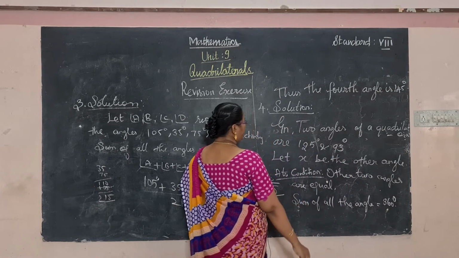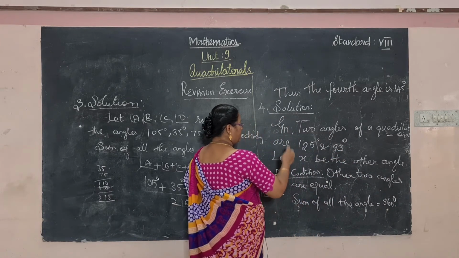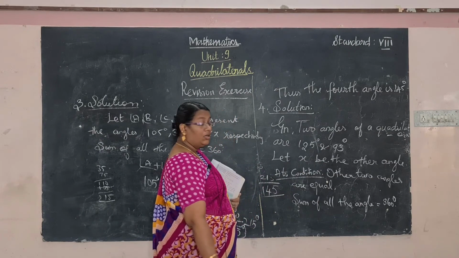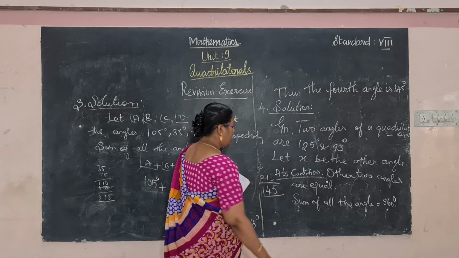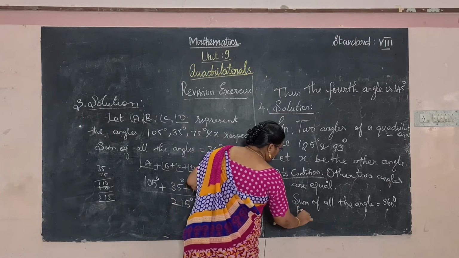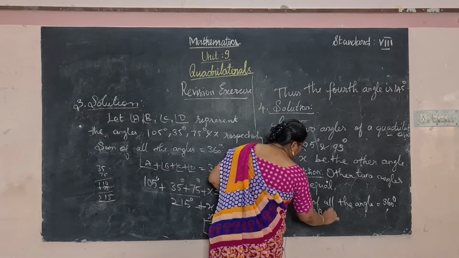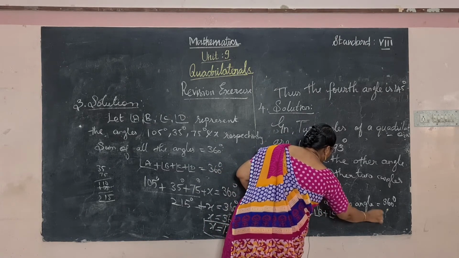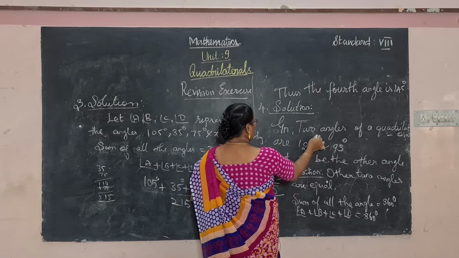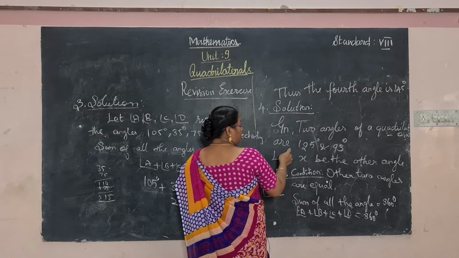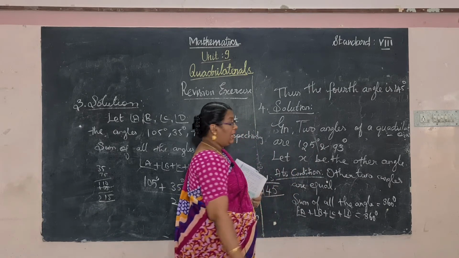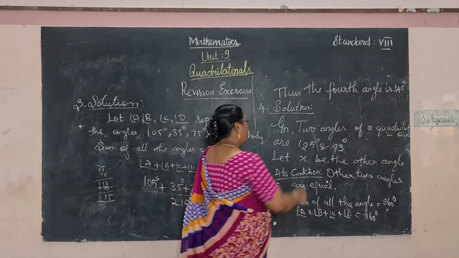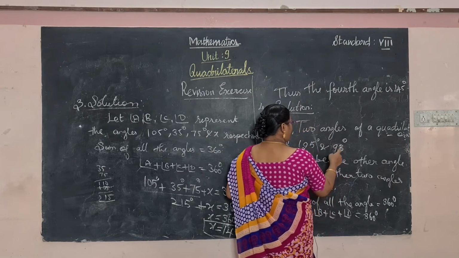Okay. So let us consider the third and fourth are equal, so x plus x. So angle A plus angle B plus angle C plus angle D equal to 360 degree. Given two angles of the quadrilateral are 125 and 93.